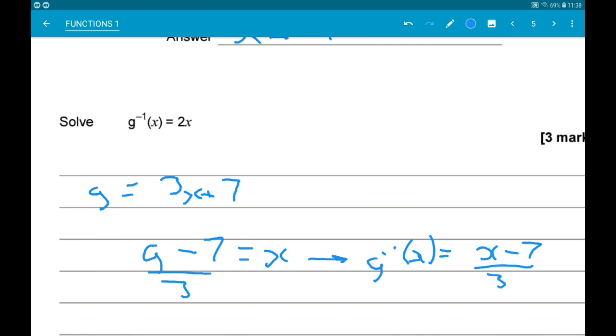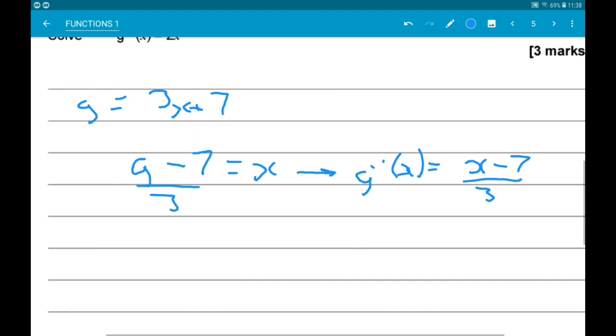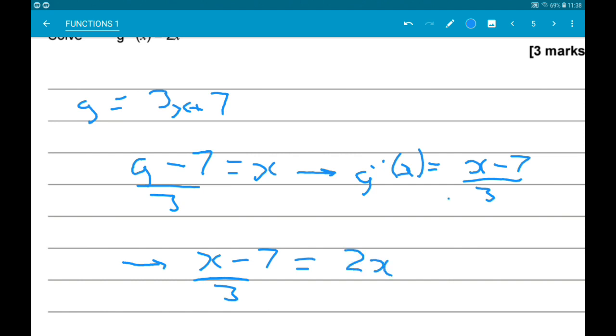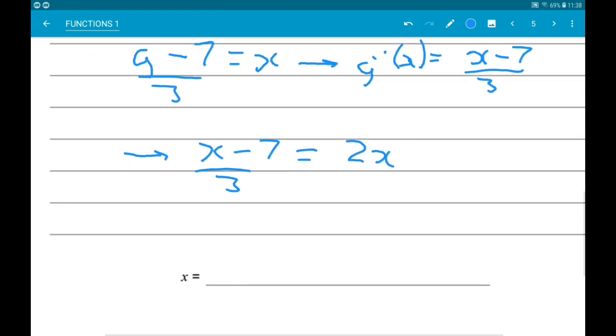Okay, so we want to solve that equal to 2x. So, x minus 7 over 3 is equal to 2x. Multiply through by 3, x minus 7 is equal to 6x.